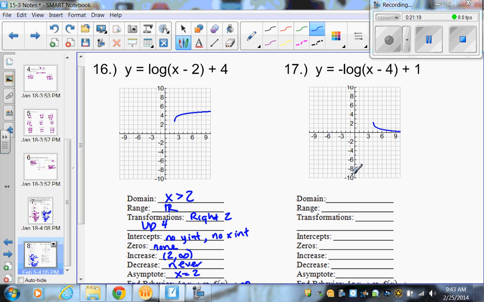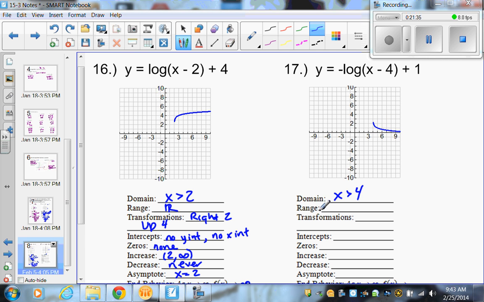One more. Our domain looks like it's everything to the right of 4, so that's going to be x is greater than 4.